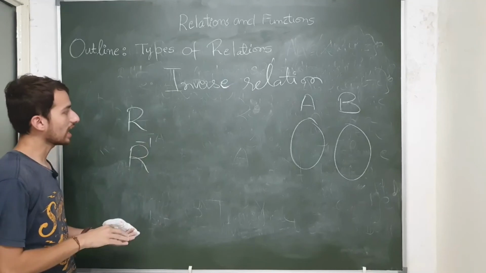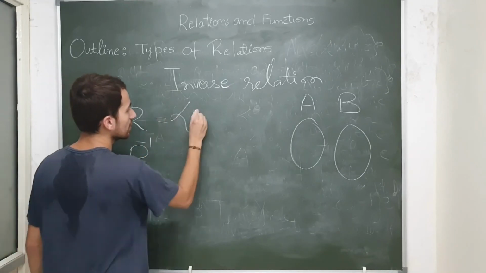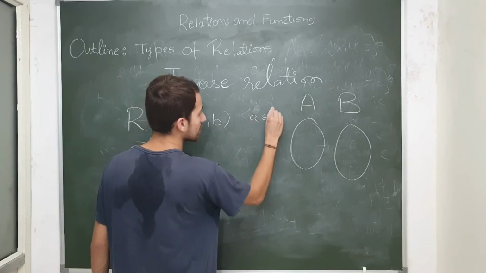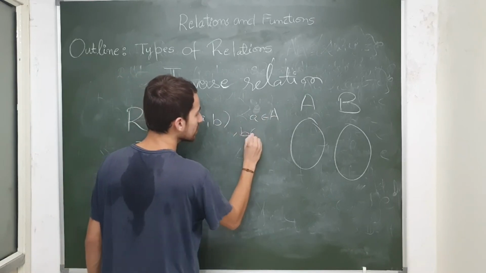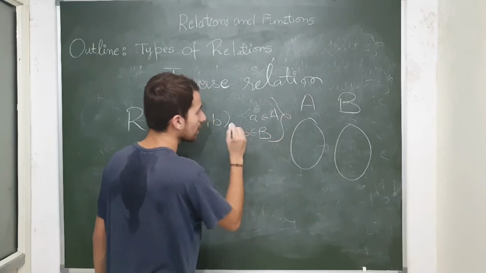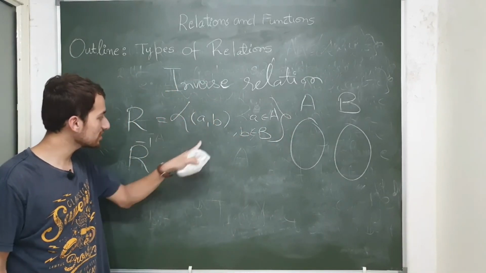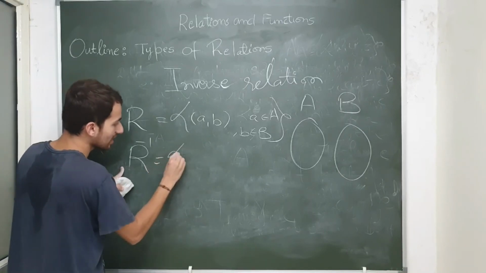R was the collection of all these (a, b) such that this a was here and this b was here. This is how your capital R was defined. Now with the help of these ordered pairs, you will be able to define R inverse.